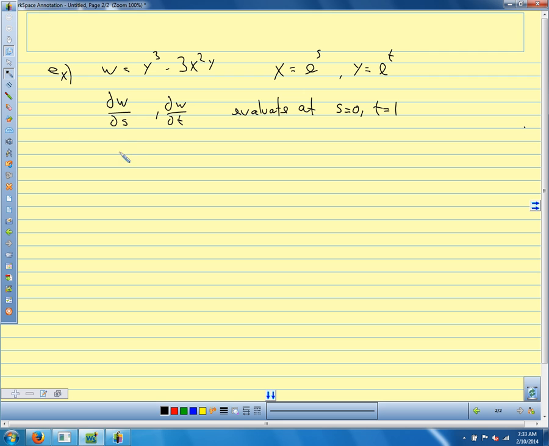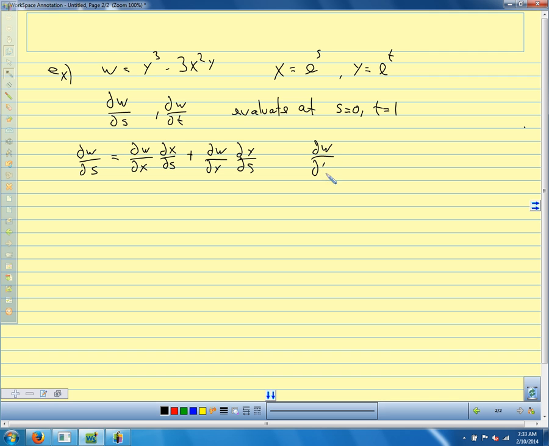So dw/ds, the partial of w with respect to s, by our chain rule is going to be dw/dx dx/ds plus dw/dy dy/ds, and the partial of w with respect to t is going to be dw/dx dx/dt plus dw/dy, partial of y with respect to t.